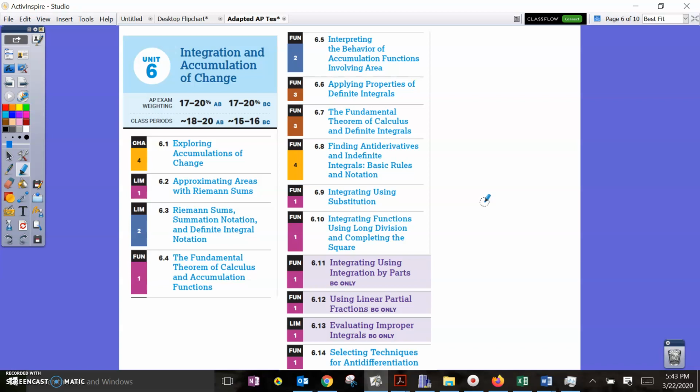integration and accumulation of change. Everything on this page is eligible to be asked about on the BC Calculus exam.